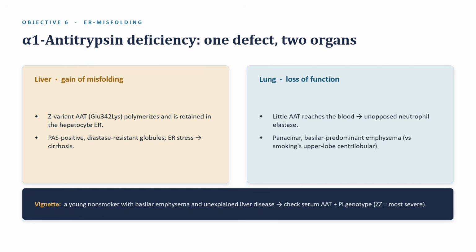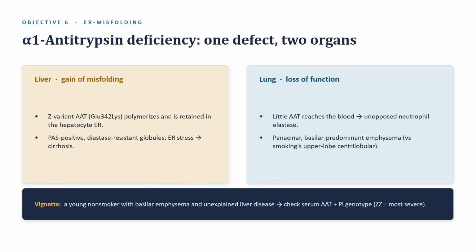Alpha-1 antitrypsin deficiency is my favorite illustration of ER misfolding, because one molecular defect damages 2 organs in 2 completely different ways. On the left, the liver. The Z variant of the protein misfolds and polymerizes and gets stuck in the hepatocyte's endoplasmic reticulum.